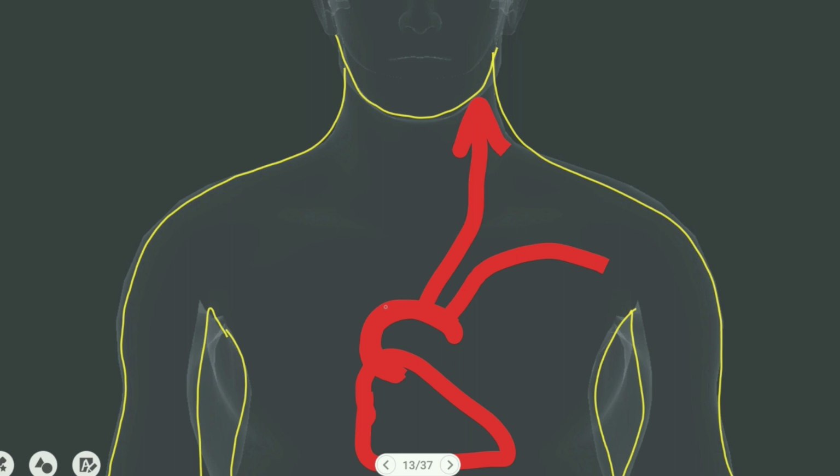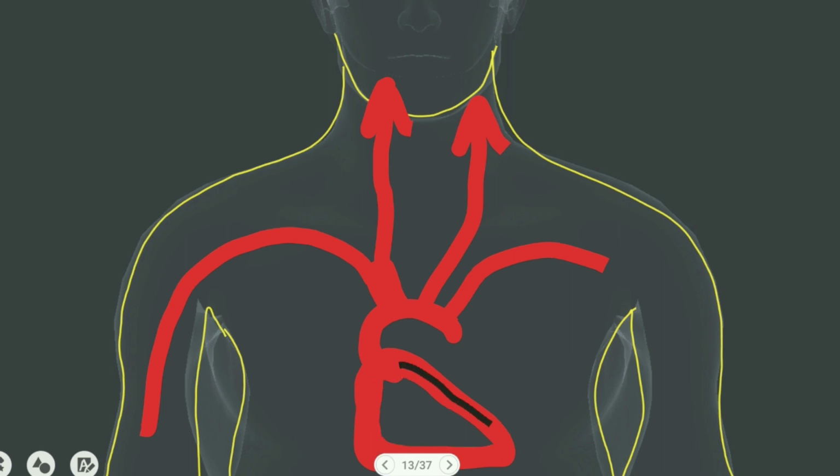But for the right side, the arch of aorta will not give two branches. First, it will give one branch. That one branch is the brachiocephalic trunk. Then the brachiocephalic trunk will give the right common carotid artery for the right side of the head and neck and the right subclavian artery for the right upper limb. I will repeat, we have the heart inside our thorax. From the heart we get the arch of aorta.